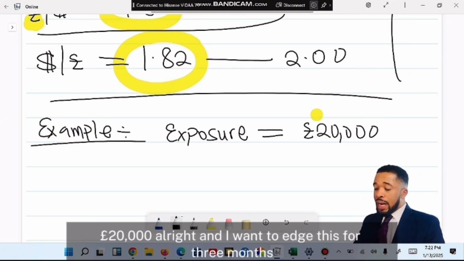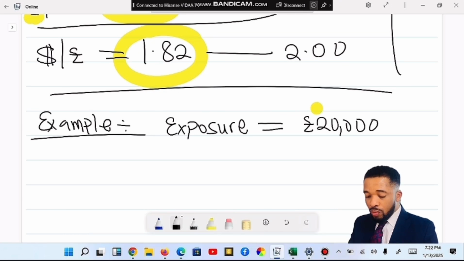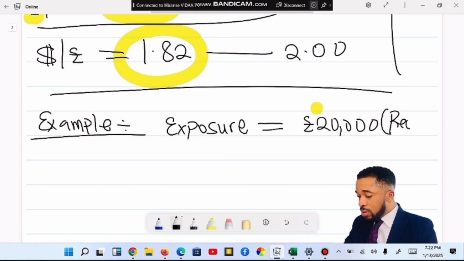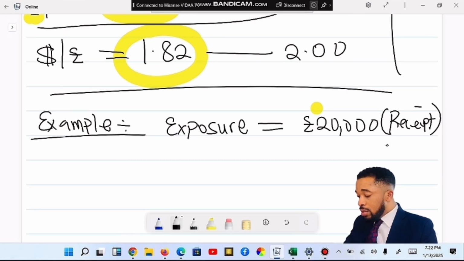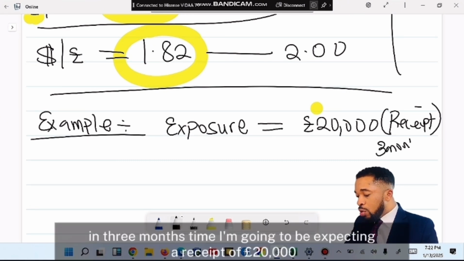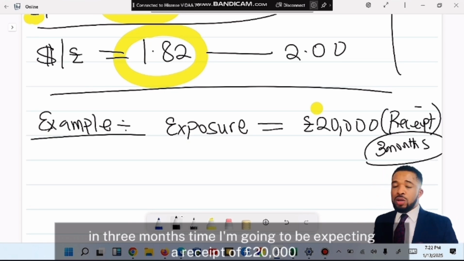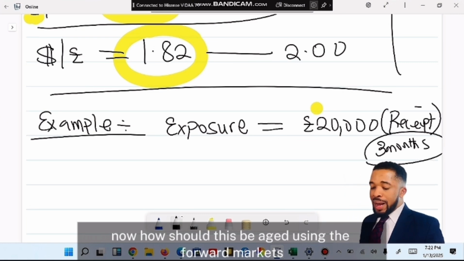All right, and I want to hedge this for 3 months. And this exposure is a receipt. Receipt means that in 3 months' time, I'm going to be expecting a receipt of £20,000. Now, how should this be hedged using the forward market?